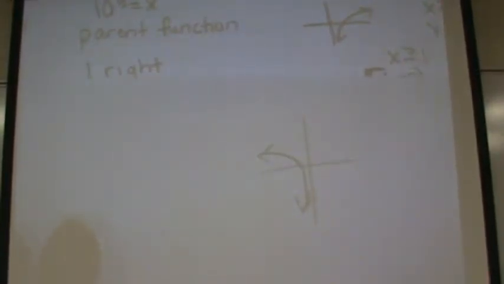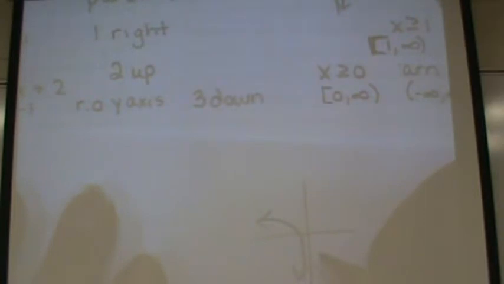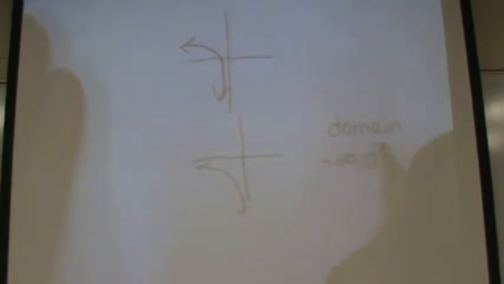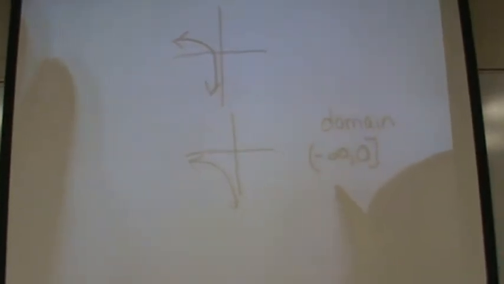So now your domain is x less than or equal to 0, and it's 3 units down, so it's shifted down like this. So for this one, your domain is from negative infinity to 0, and your range is still all real numbers.